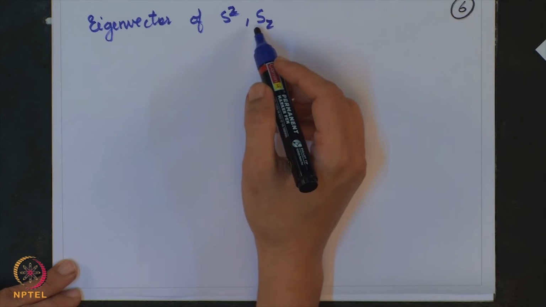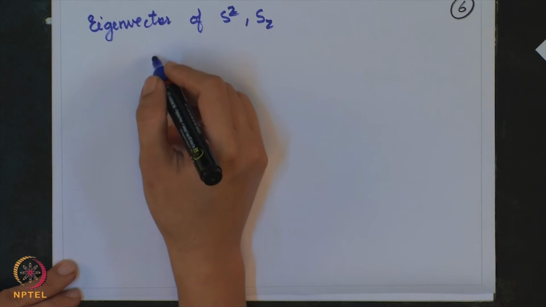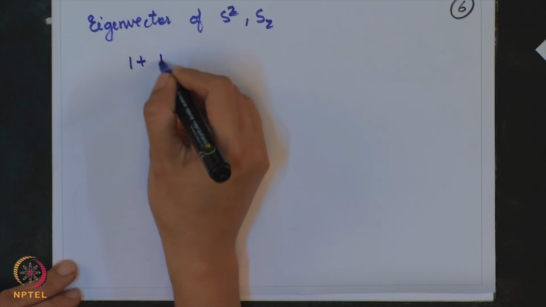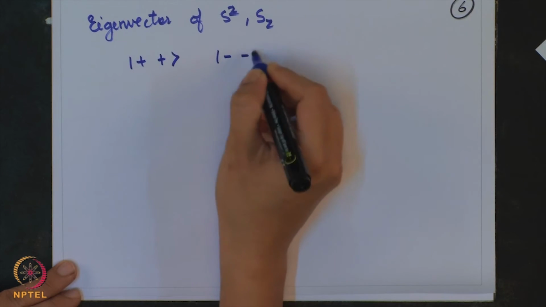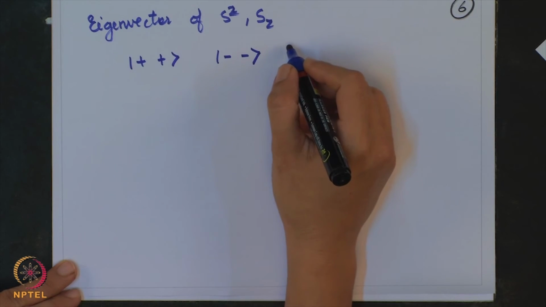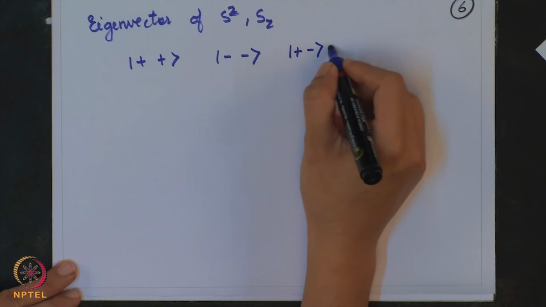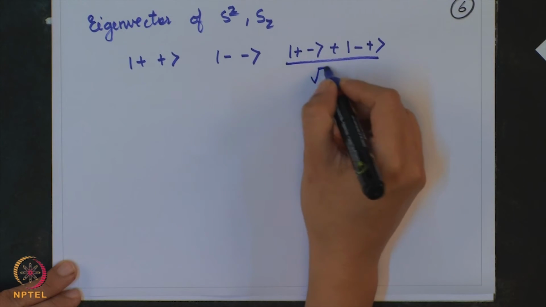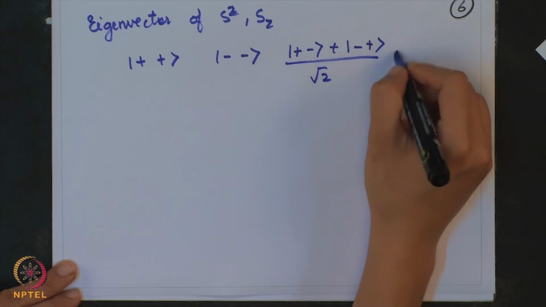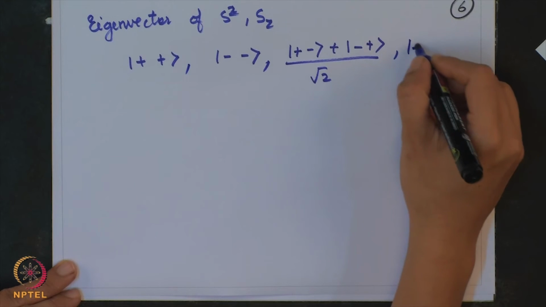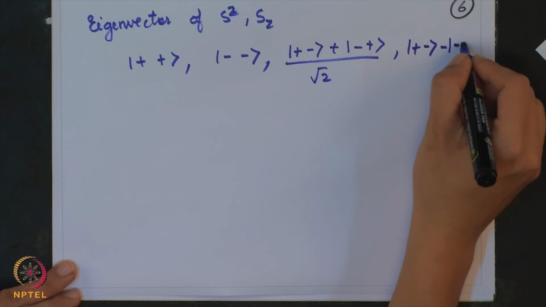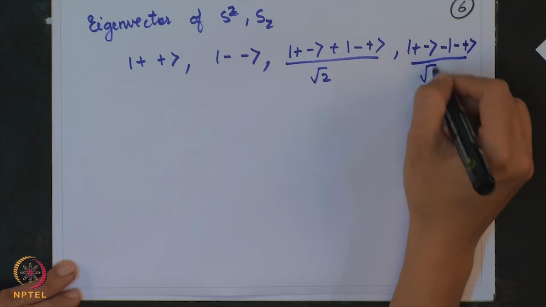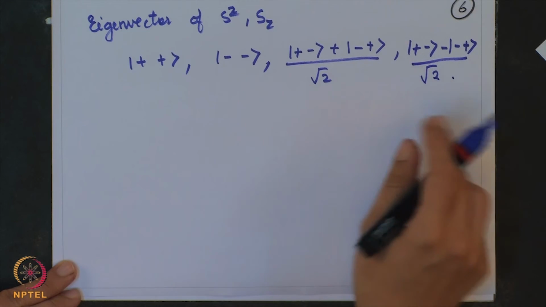So, eigenvectors of S square and Sz would be plus plus, minus minus and plus minus plus minus plus with a normalization factor of half, and plus minus minus minus plus with a normalization factor of root 2, not half.